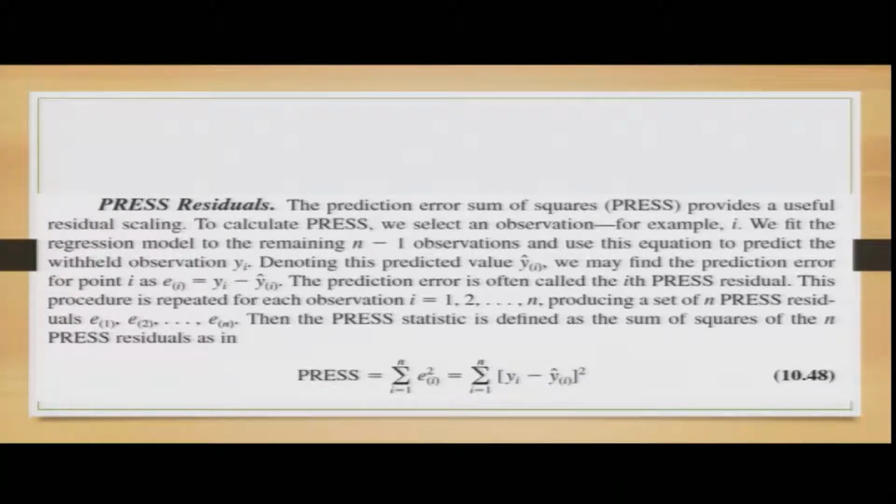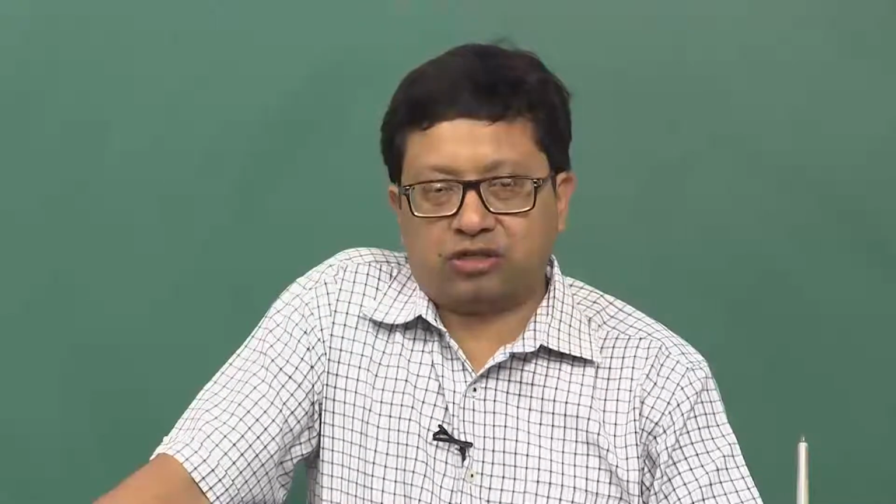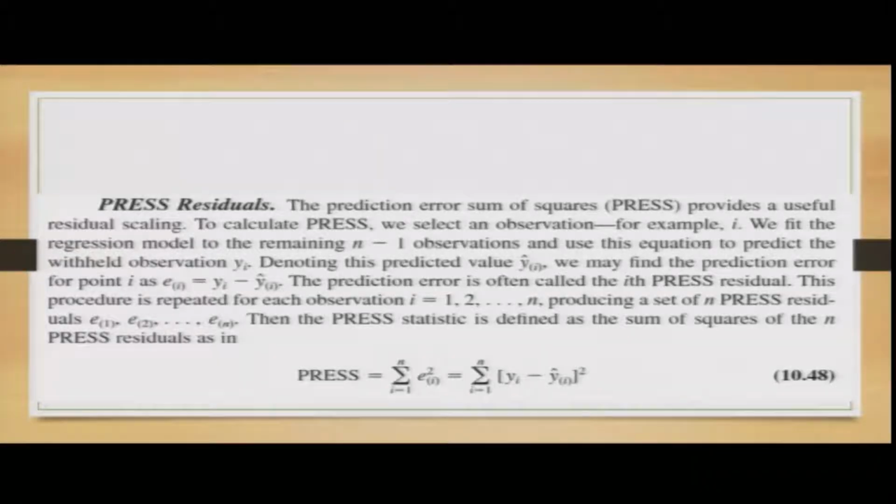So, you want to predict. The prediction error sum of squares provides a useful residual scaling. You basically want to scale down the positive and negative fluctuations, and you want to predict it. To calculate this value, we select an observation, any random observation i.